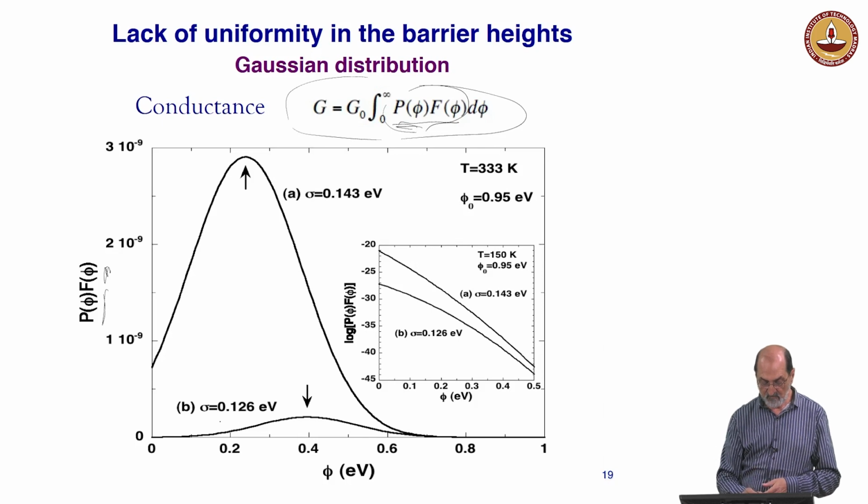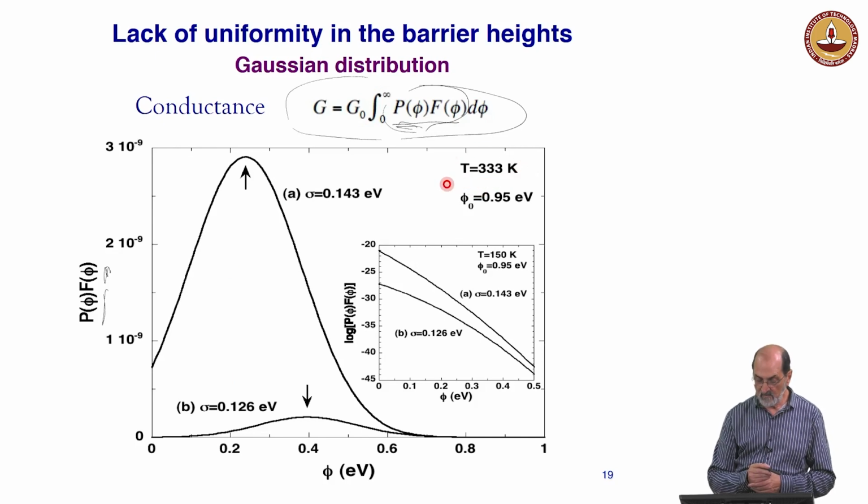So for sigma 0.126, the integrand would take this shape we see here, with the maximum here, and the larger the dispersion, the maximum would be at a lower barrier height. And this is at a not very high temperature.